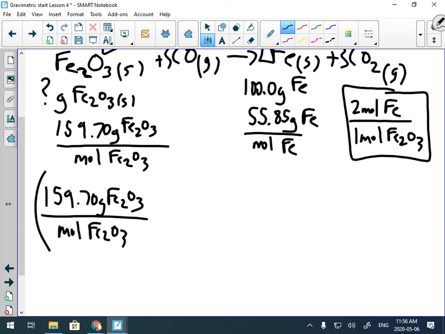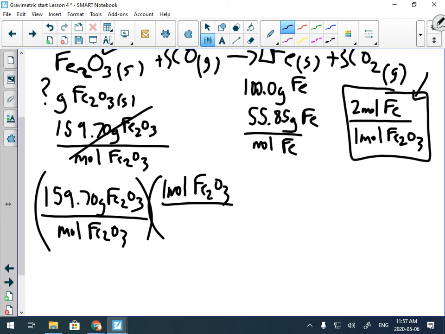Once we use something, we can't use it again. Now we have to use moles of iron oxide. I'm going to have to flip this ratio, to get that on top: 1 mole iron oxide over 2 mole iron. So that cancels.